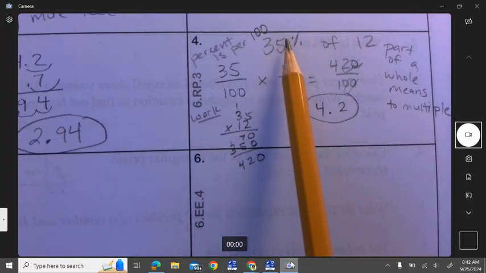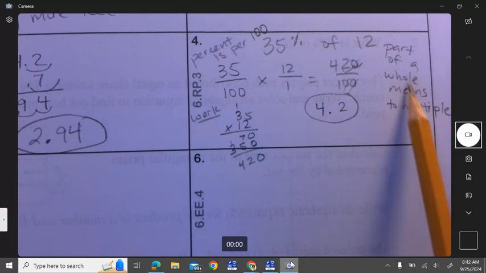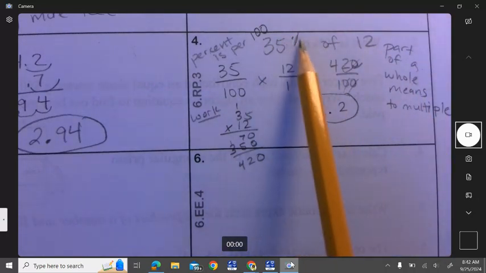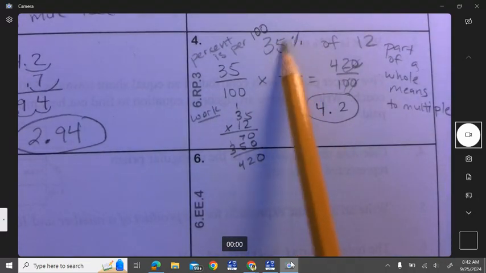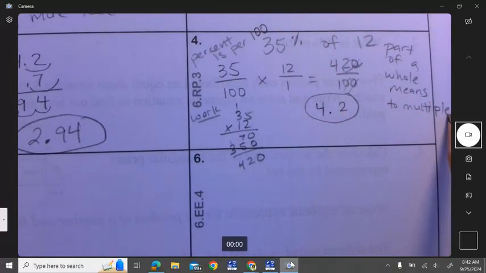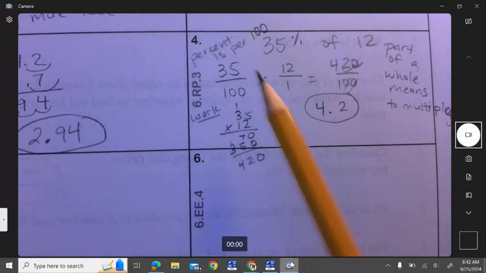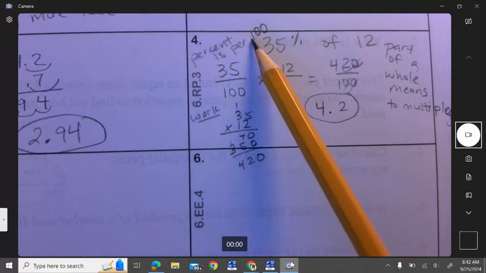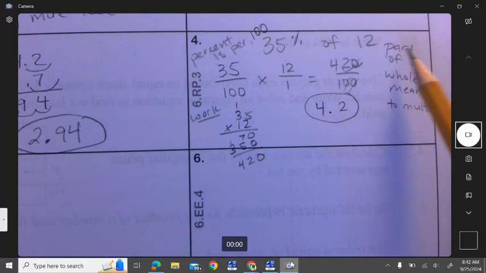Also, when you have part of a whole, the part is the 35%. That's not all of it, it's part of it. Of a whole means to multiply. So percent means per 100, and part of a whole means to multiply. Those are the 2 reminders.